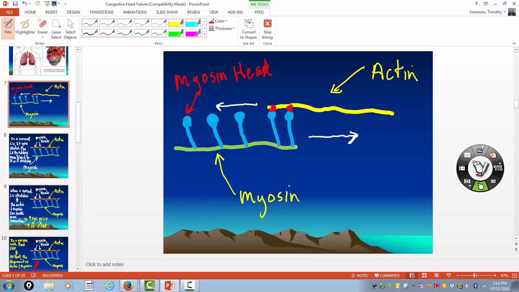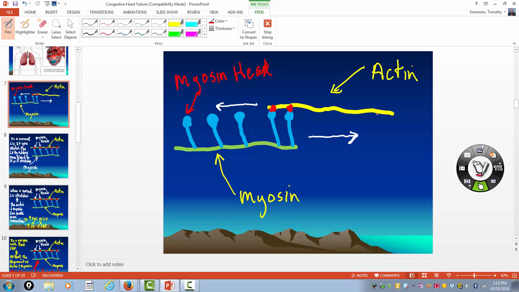And how many of these myosin heads connect to the actin molecule determines how hard that heart muscle is going to contract. Now, when you're sitting on your fatty acid doing nothing, your heart doesn't have to contract that hard because you're not sending a lot of blood to it and you're not metabolically active. So in a resting normal heart, the actin and myosin are lined up kind of like this.